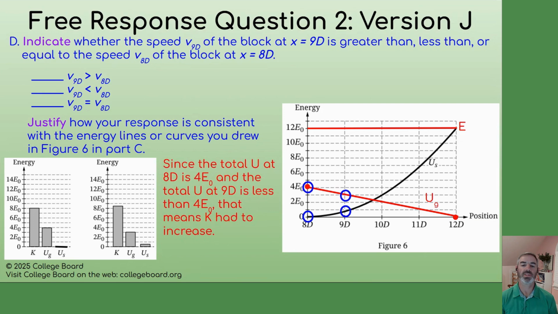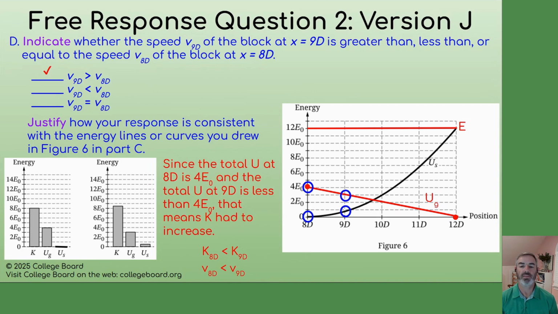So since the total potential energy at 8d is equal to 4 E naught, and the total potential energy at 9d is less than 4 E naught, that means the kinetic energy had to increase a little bit, which means if kinetic energy at 8d is less than kinetic energy at 9d, that means the velocity at 8d is less than the velocity at 9d. So we've checked the box that says velocity at 9d is greater than at 8d.